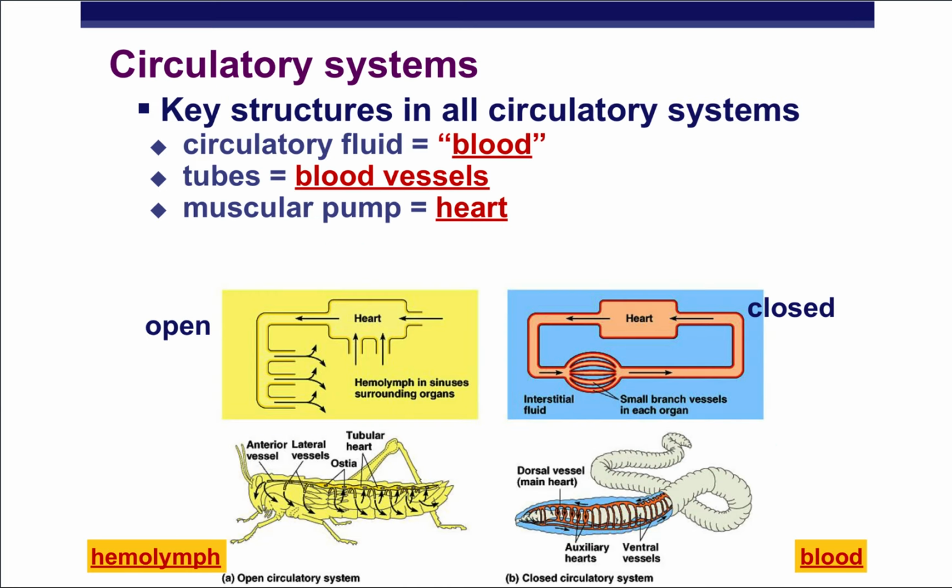So the biggest structures found in all the circulatory systems of all animals is the fluid that's being pumped around, the liquid, which is your blood, and it consists of liquid parts and cell parts. Your blood vessels, which are the tubes, the freeway tubes that your liquids are moving through, and then the pump that's forcing that liquid to go through your body.